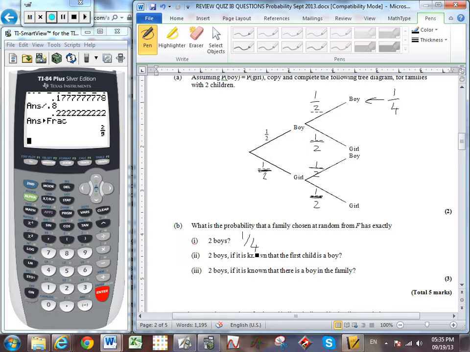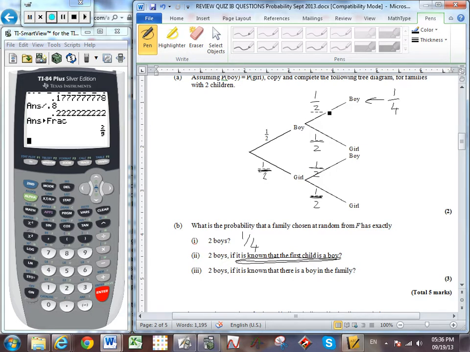Part double I, 2 boys, if it is known that the first child is a boy. Okay, so we know that the first child is a boy. So because we know that the first child is a boy, we've effectively told the reader that we are here now. We've given you that this event right here has occurred. What is the probability then of having 2 boys, that is to say a second boy?